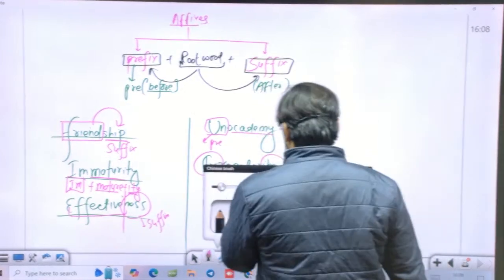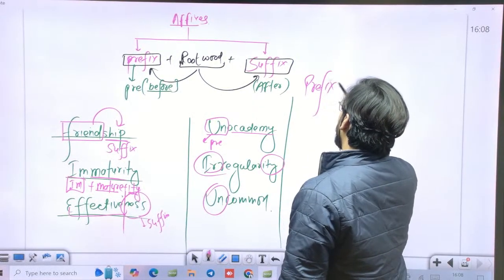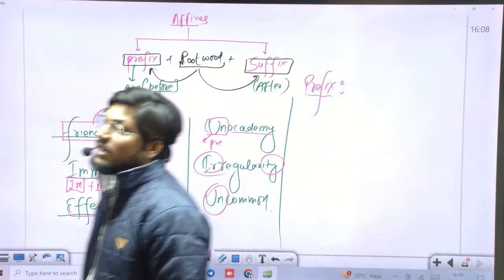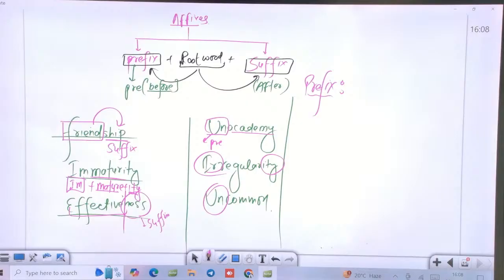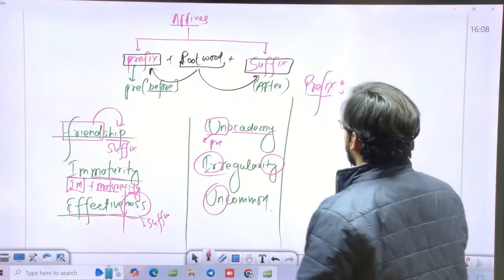So if we talk about prefixes, why am I going to teach you this section? Because you can easily identify whether any noun is an abstract noun or not. Abstract nouns require a prefix or suffix.